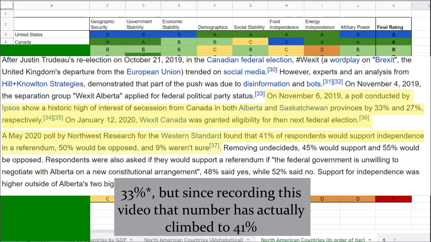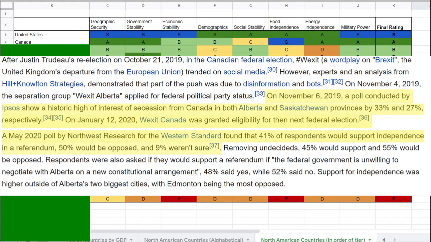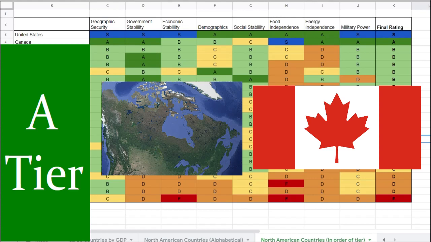And while that's not close to the 50% required, it still shows that there are potential weaknesses in the Canadian system. Canada could potentially fracture into multiple states. So that remains a problem for Canada, and that's why social stability in Canada is C tier, which is a little uncommon for liberal democracies.